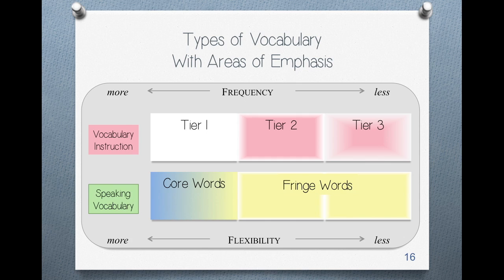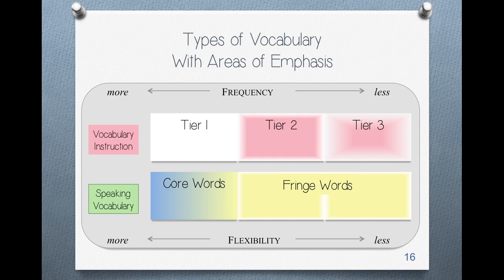They're just sorted differently. And we can use those attributes of frequency and flexibility to view both of those, right? So there's our tier 3 words on the top that are used less frequently and are less flexible. And then we have fringe words below that. Again, we have certain fringe words on the far right that are used very little and are really less flexible.